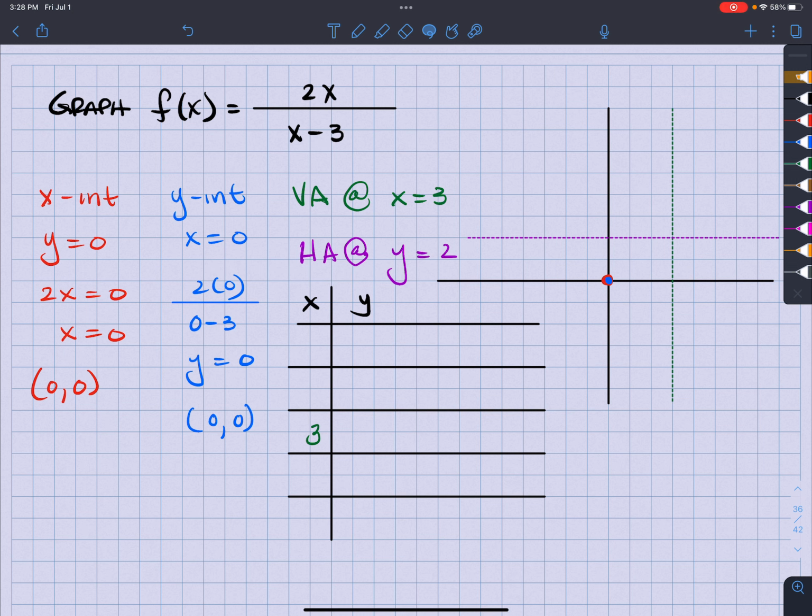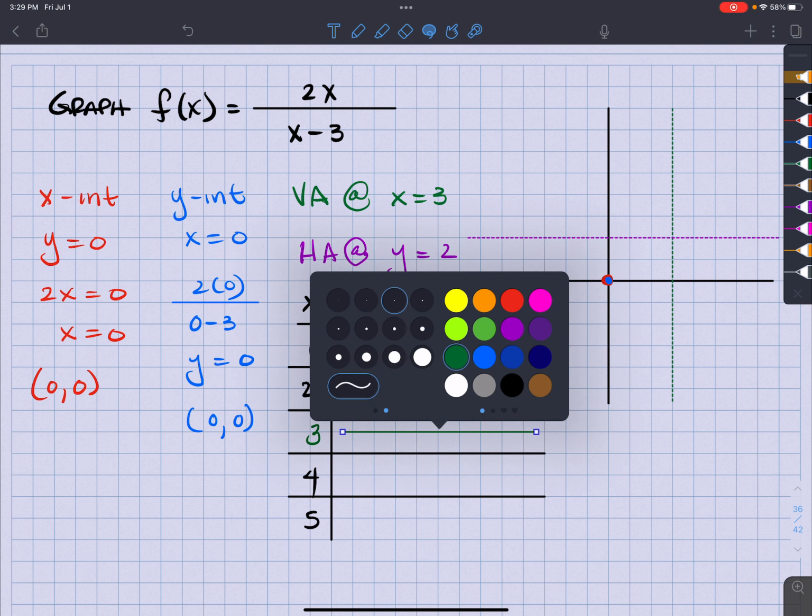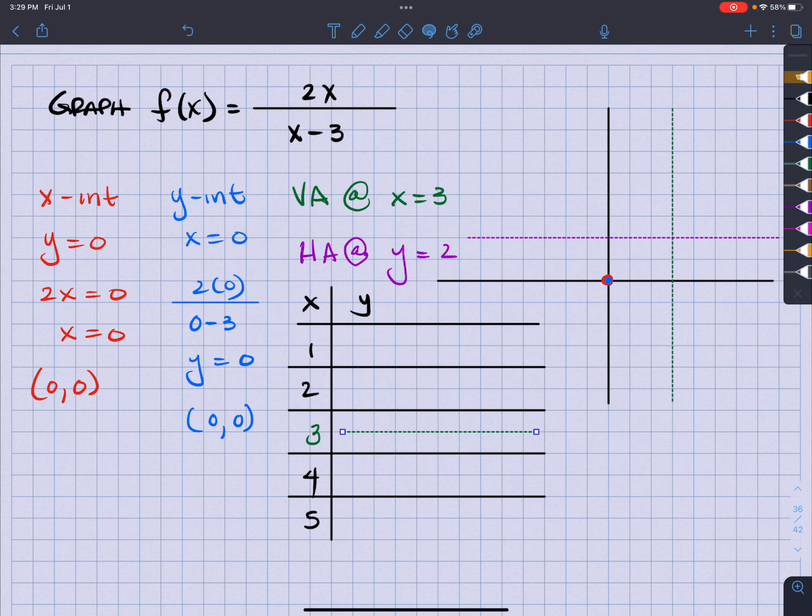Since the vertical asymptote is at 3, let's see what's happening on the left side, which would be 2 and 1, and to the right would be 4 and 5, right? Because I know that at 3, it doesn't exist because it is the vertical asymptote. So let's take a look.